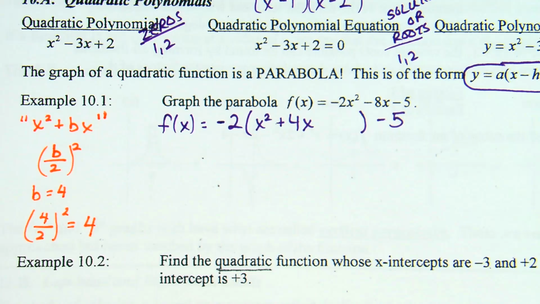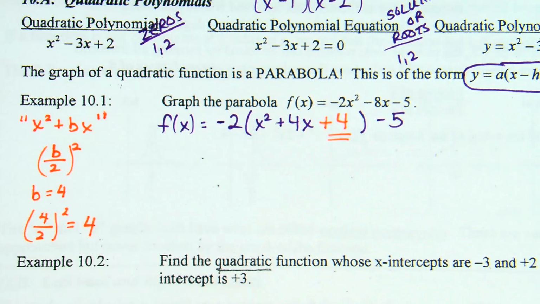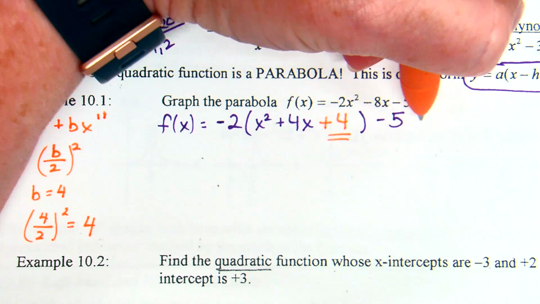What do I do with that 4? In an equation situation where we're working with both sides, we add it to both sides. In this case, I am going to add it inside the parentheses and then subtract it outside the parentheses.